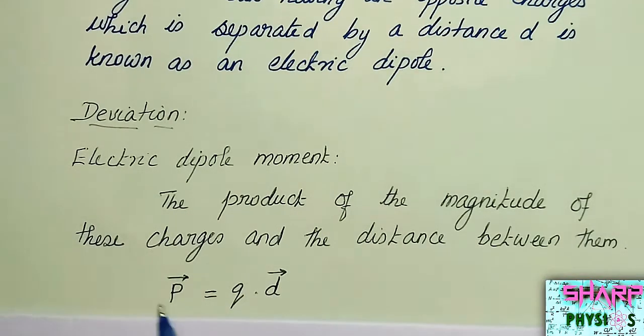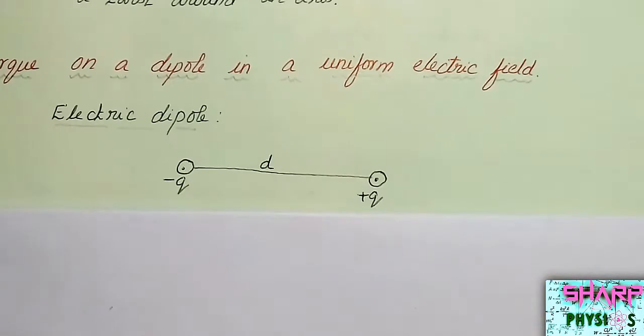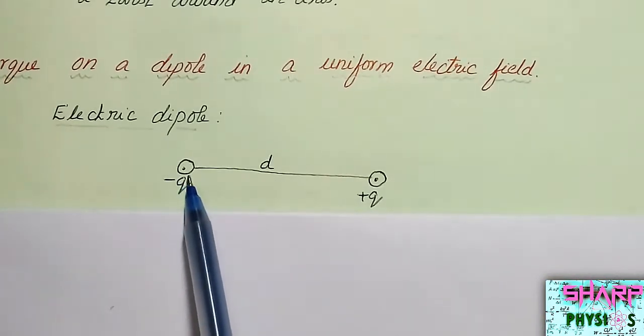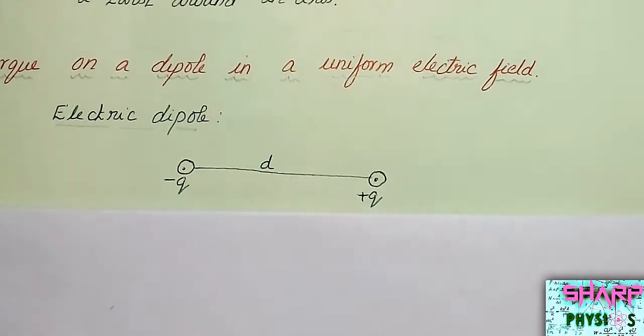This is the electric dipole moment. The electric dipole moment is a vector with a defined direction from the negative charge to the positive charge. You can see here the direction is from the negative to the positive charge.